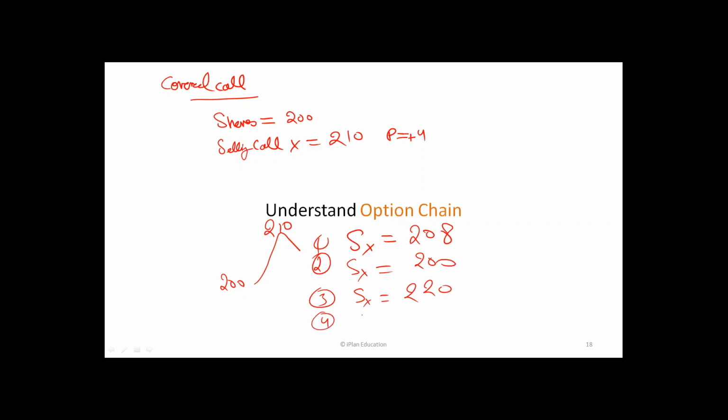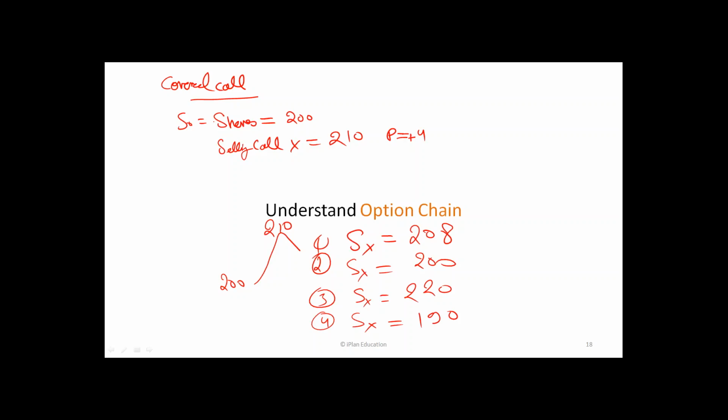And in condition 4, the spot goes to 190. So answer me for these things. The spot means the share price. Share price is basically the spot price, the underlying asset.